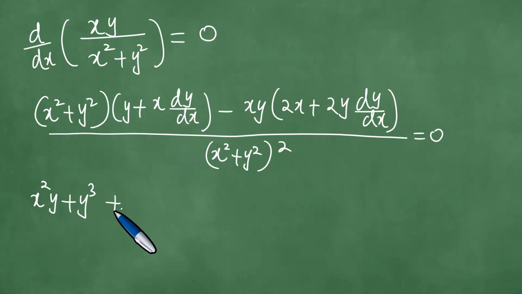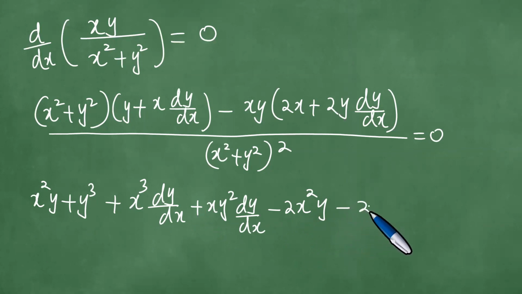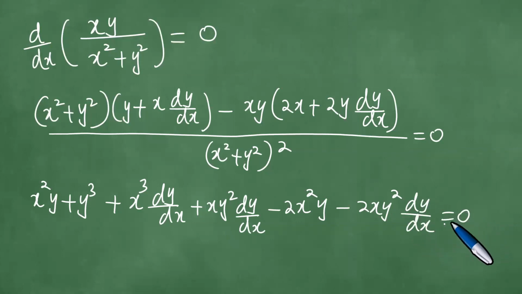Then x cubed dy/dx plus xy squared dy/dx, minus 2, so it's minus 2x squared y, minus 2xy squared dy/dx, which equals 0.